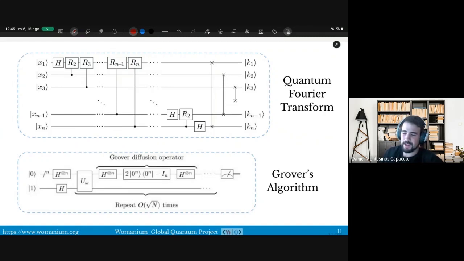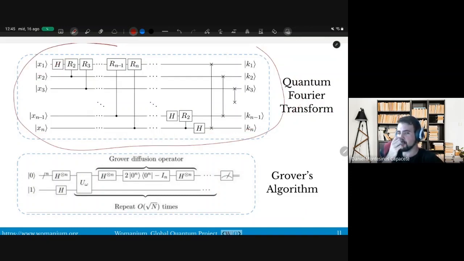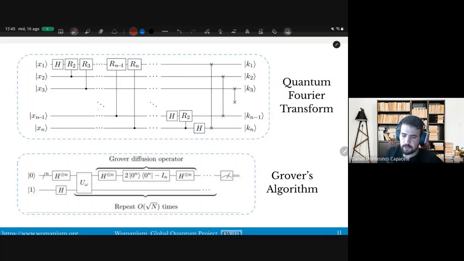For example, here, I'm not going to explain this in detail, and I'm not expecting you to see this and understand what is going on. But this is the circuit for performing the quantum Fourier transform. As you can see, this is an n qubit circuit, and you have 1, 2, 3 qubits until you get to the n qubit, and you perform different operations.